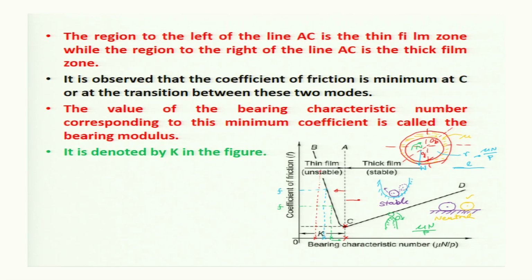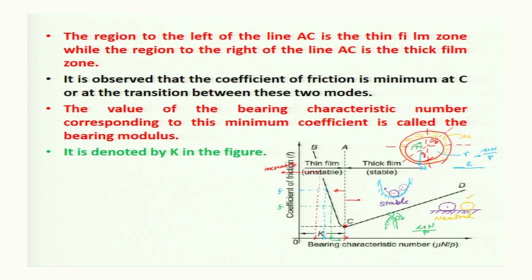The coefficient of friction is increasing. So, with increase in coefficient of friction, more sliding work will be done. The temperature of the lubricant will increase, and with increase in temperature, the viscosity will decrease.